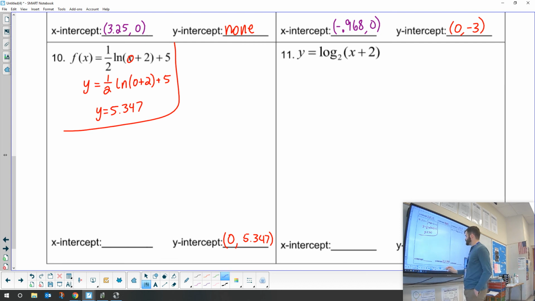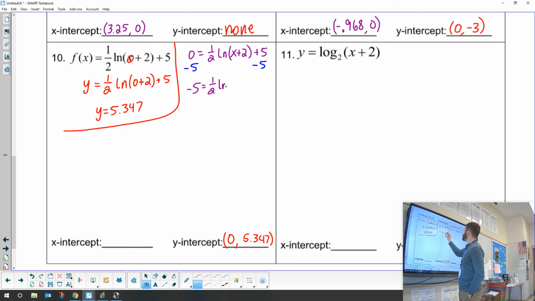All right. So there you go. There is our y-intercept. Now to find our x-intercept, we make y 0. So we're going to go 0 equals 1/2 times the natural log of x plus 2 plus 5. We're going to do this in 2 steps. First step, we're going to get rid of this 5 by minusing 5 to both sides. And we're going to get negative 5 equals 1/2 times the natural log of x plus 2.